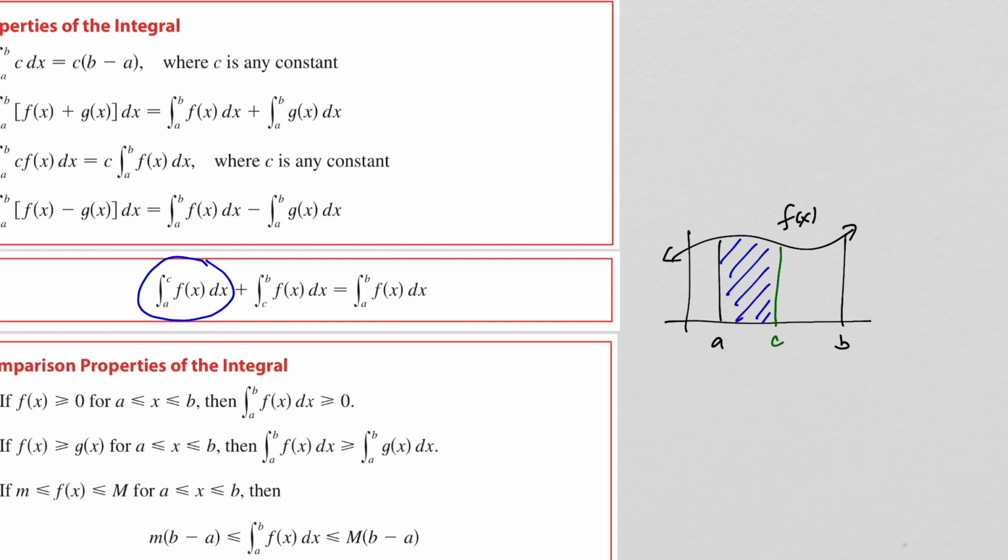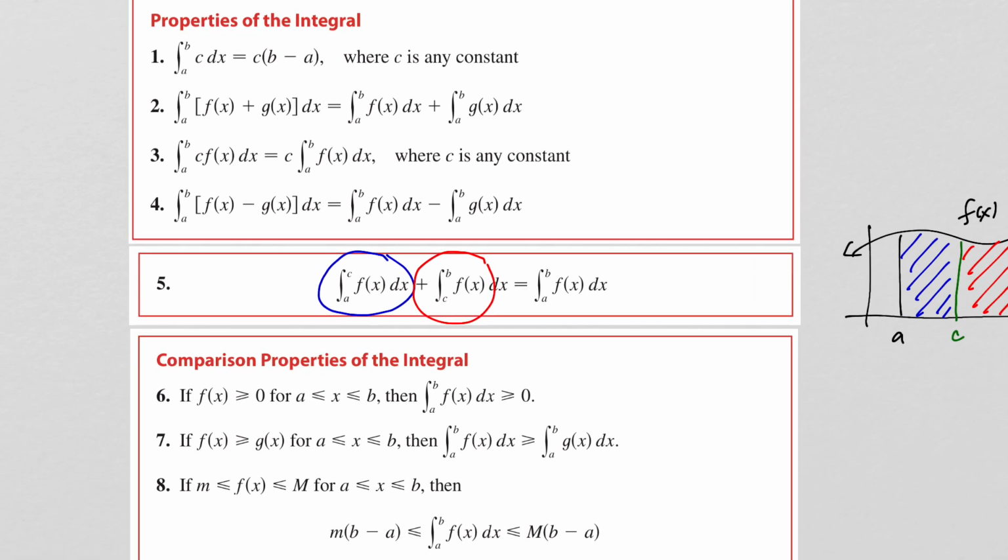And when you take the integral from c to b, you are finding the area under the curve from c to b. Clearly, this is equal to the area under the entire thing, which is the area from a to b, which is what we have here. So if it's convenient, you can separate your integral at some number in the middle.